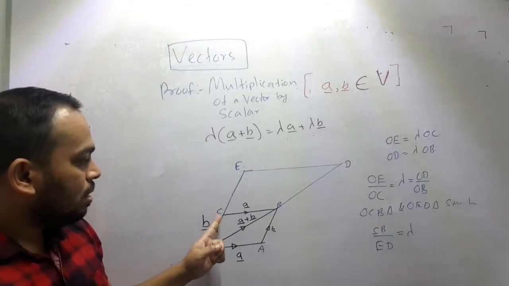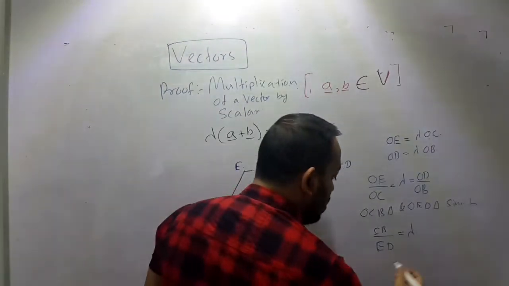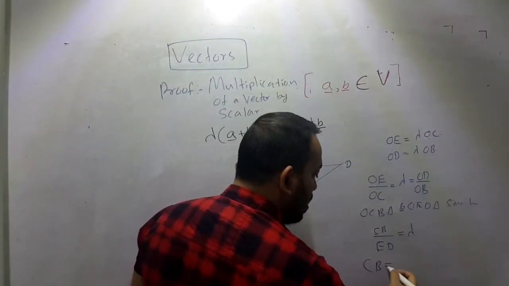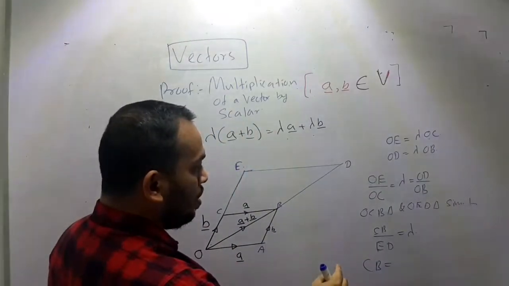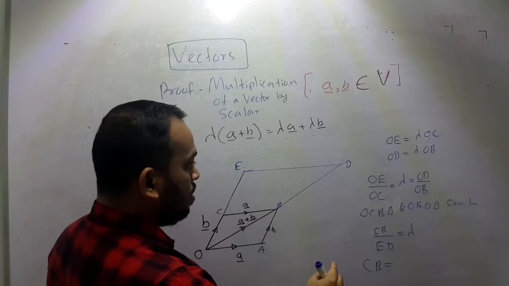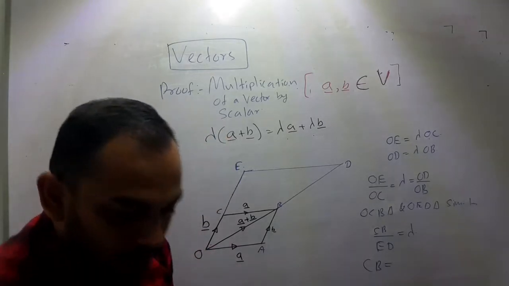So which means CB side is equal to... did I make a mistake? Sorry, this should be the other way around.